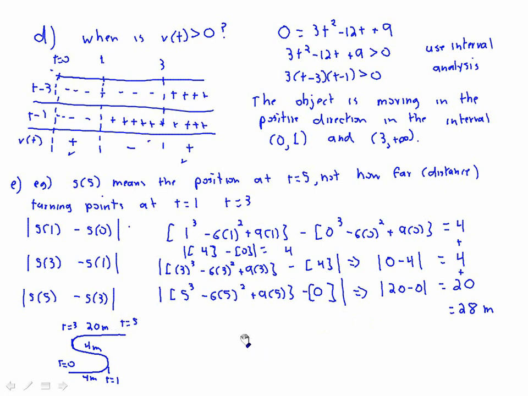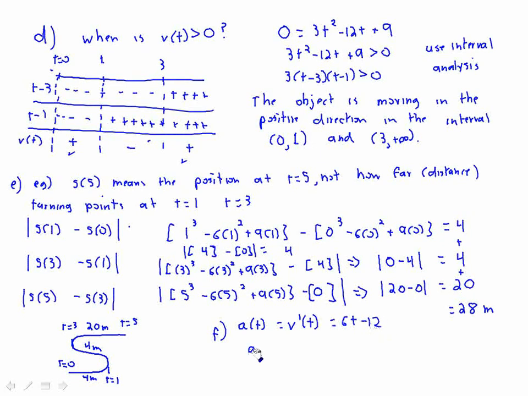And then, just to finish this one off, I will do question F, which is pretty quick. We want A at 2, so we have to note that the acceleration function is equal to the derivative of the velocity function. So if you were to go way back to that velocity function and take the derivative of 3t squared minus 12t plus 9. Now make sure you don't do this after you've divided the 3 out, because the 3 is still part of the derivative. And you'll get 6t minus 12.